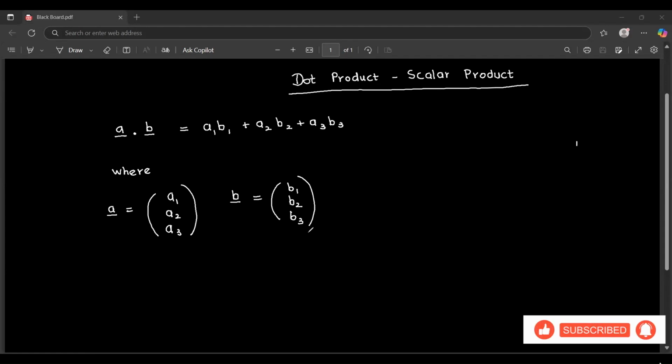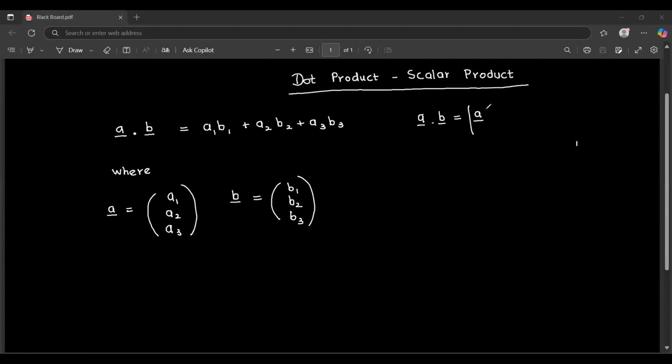The dot product also has another perspective, which says vector A dot vector B is equal to the modulus of vector A times the modulus of vector B times cos theta, the angle between these two vectors. So how can we represent this?